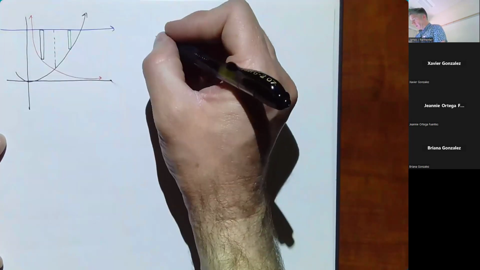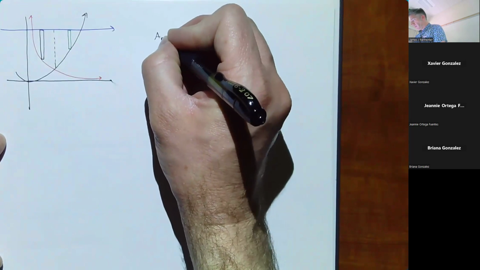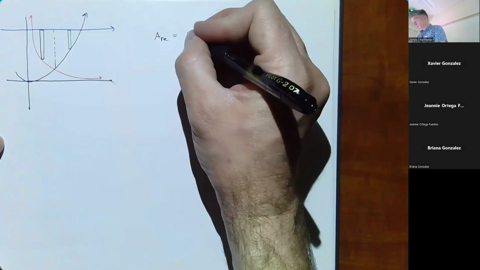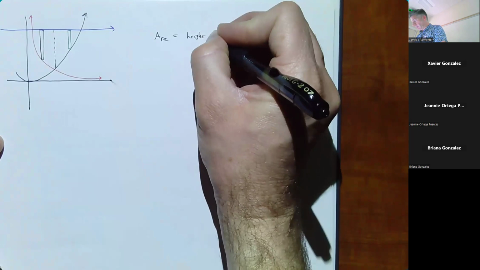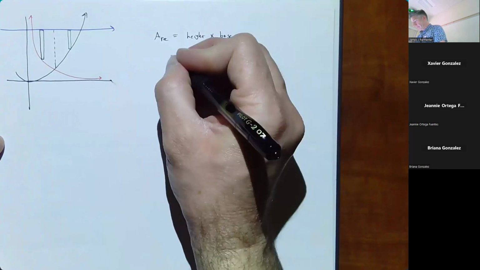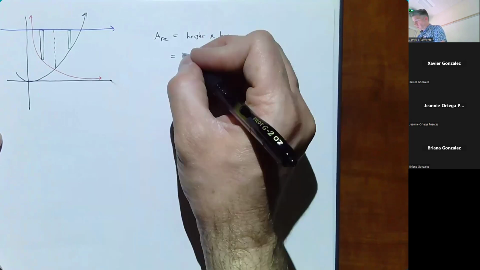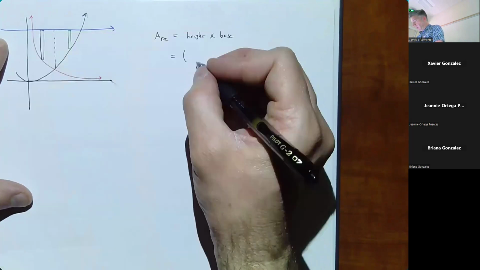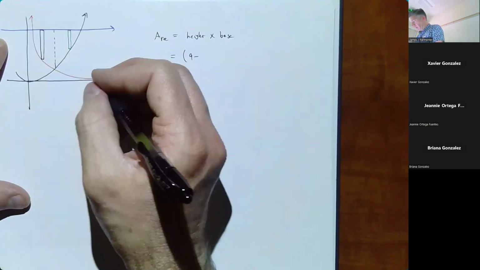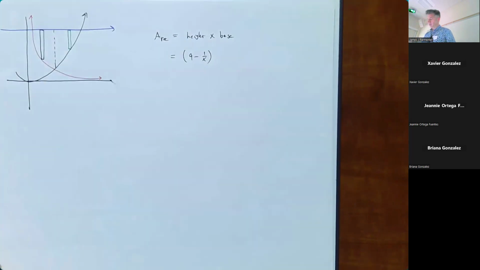So what's the area of the rectangle on the left? Well, it's the height times the base. The height is just the top minus the bottom, which in this case is y equals 9 minus y equals 1 over x. I guess I could label those again.